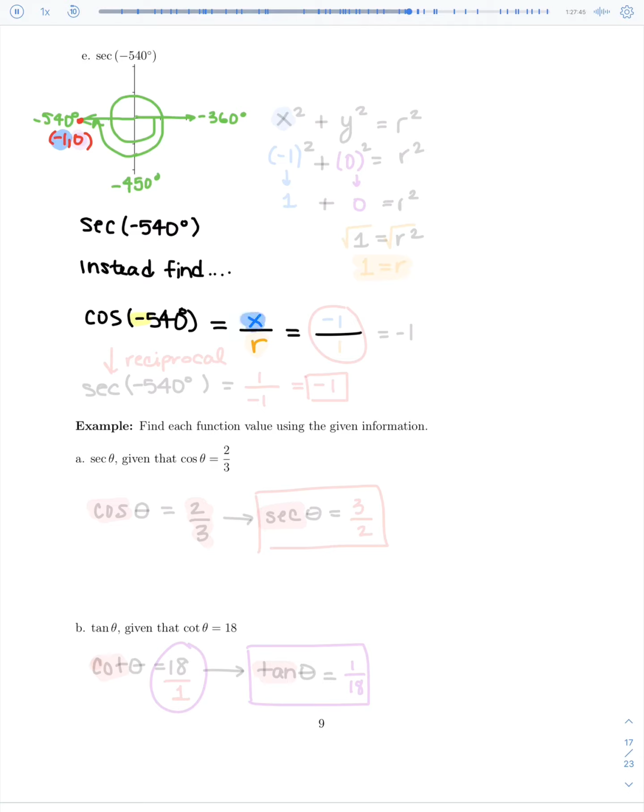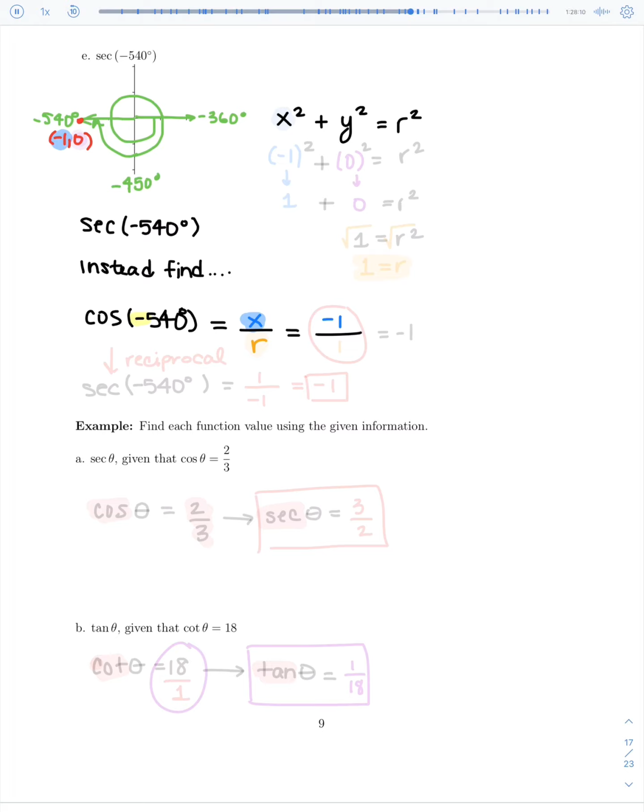So we can fill out our x with a negative 1. I don't have r yet, which I need, so I need to find it. How do you find r? You're going to find r using the Pythagorean theorem: x squared plus y squared equals r squared.